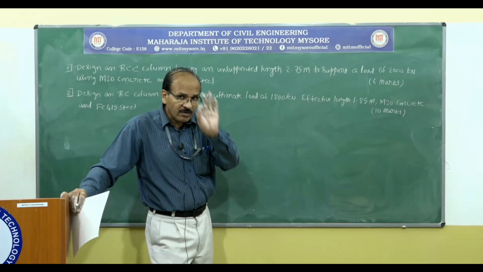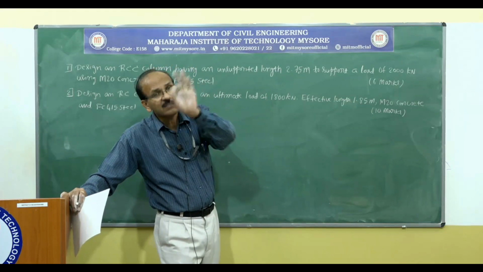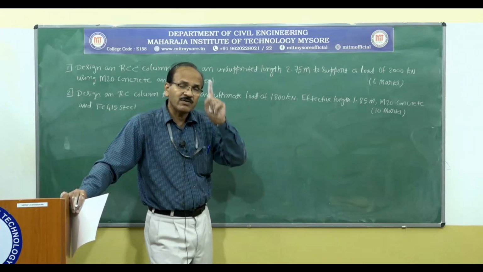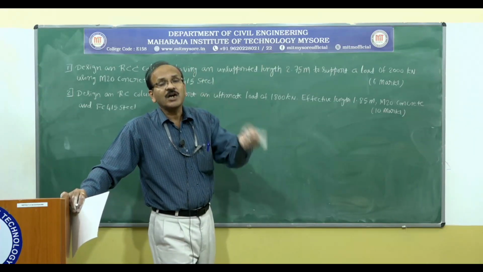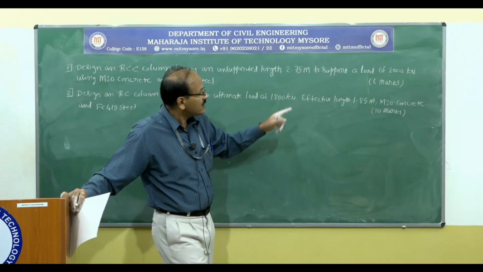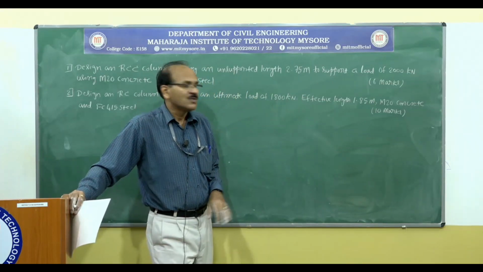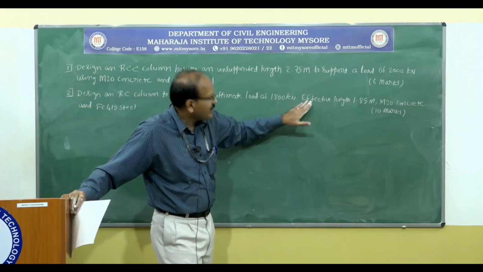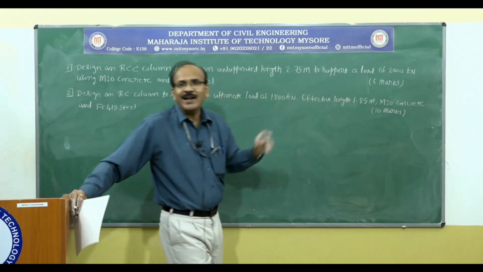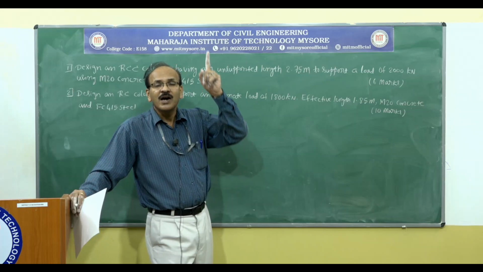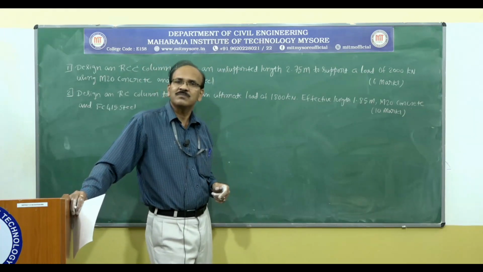When you are checking for minimum eccentricity, what you need is the unsupported length. When you are checking whether the column is short or long, what you need is the effective length. So to know the unsupported length, we have to assume certain end conditions.